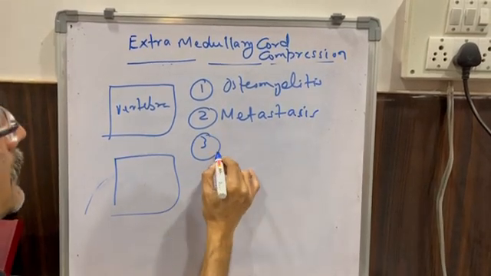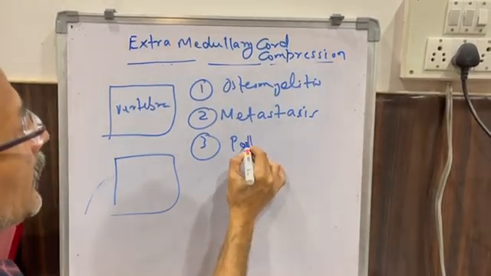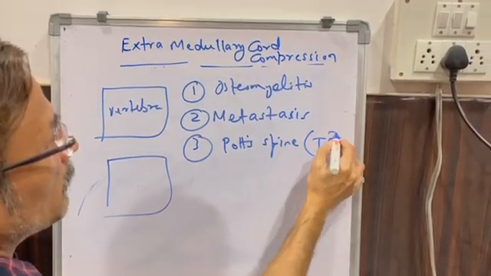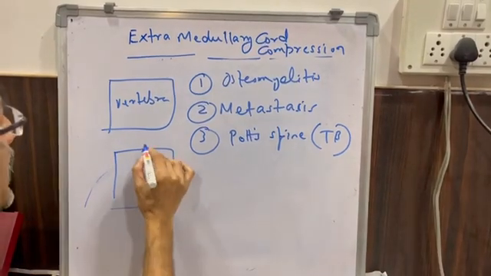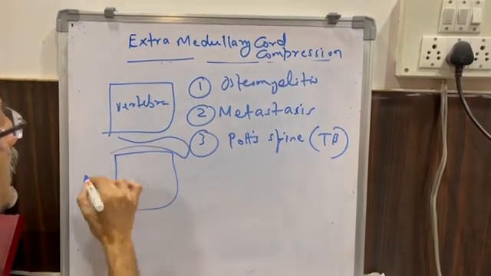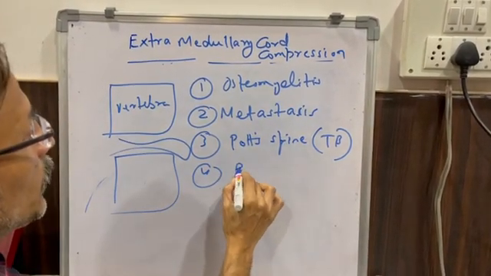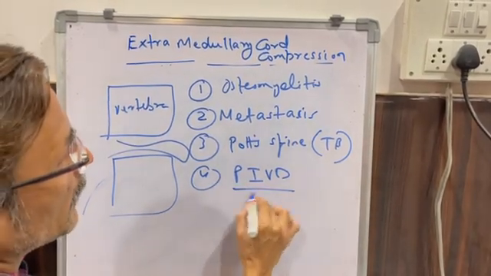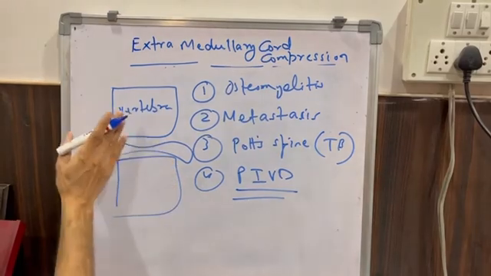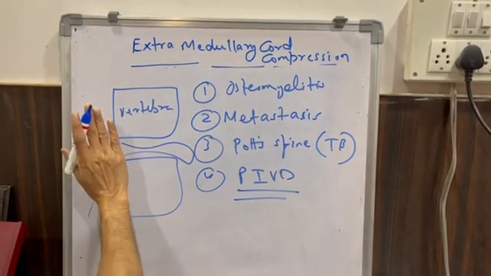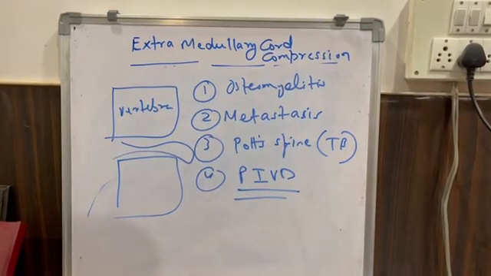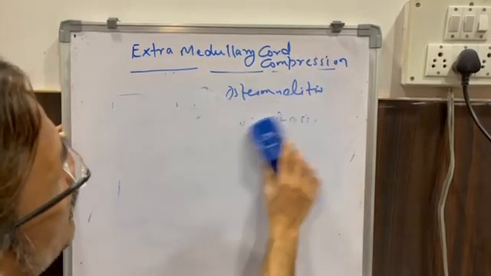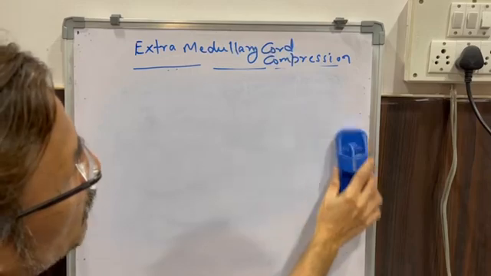It can be infection, most commonly Pott's spine, tuberculosis of the vertebrae, or it can be a prolapsed intervertebral disc. These are the common conditions where a vertebral lesion will cause a cord compression. So etiology is over. We are talking of extramedullary extradural cord compression due to vertebral lesions.